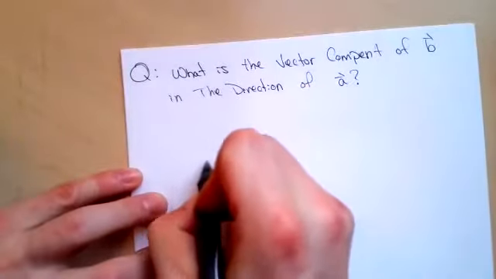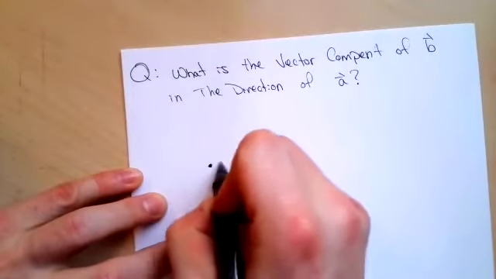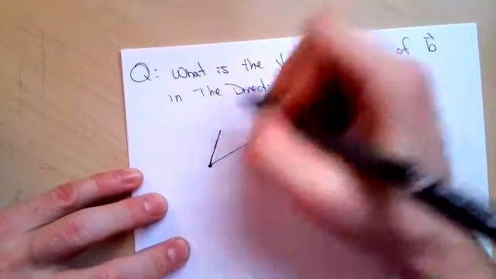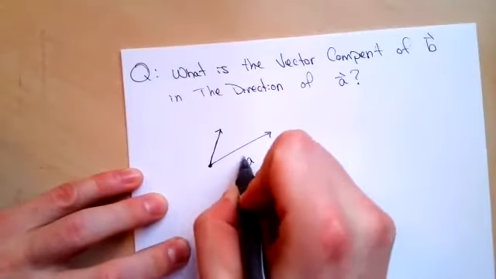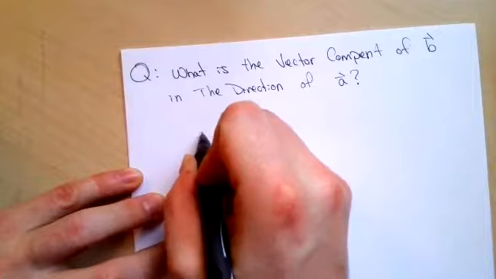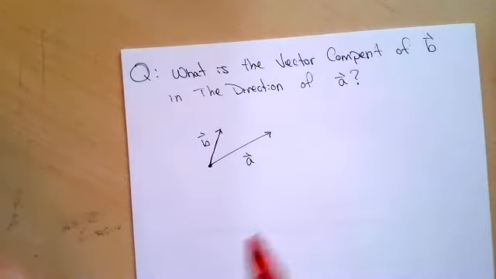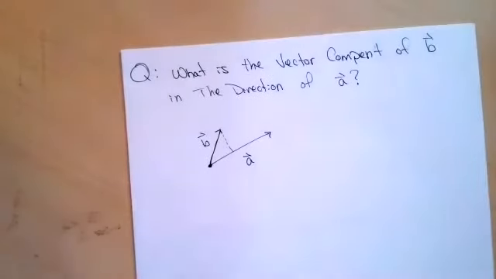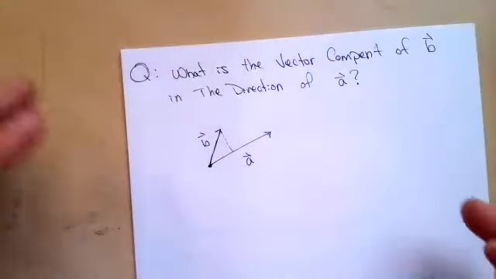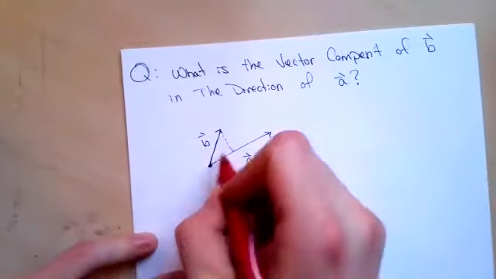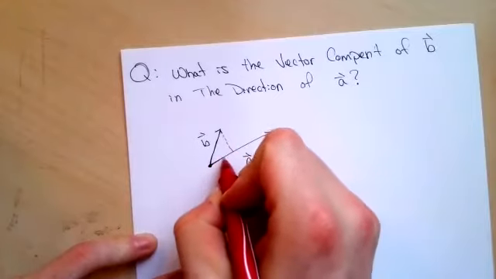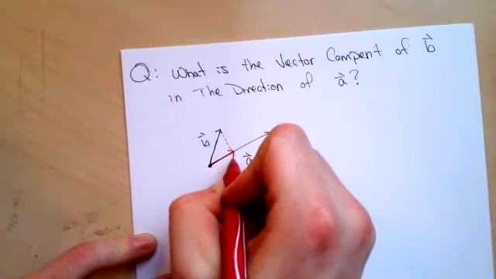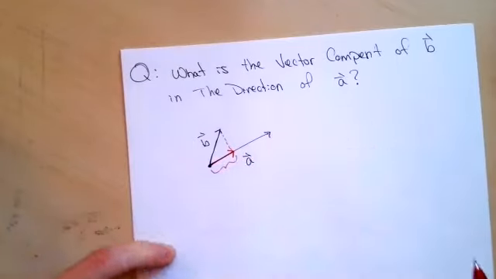So let's redraw the picture on this page. We have our vector A, our vector B. And what we're looking for, again, if we don't have a reference frame, or maybe a reference frame is given that may not be the best, is to break down vector B and know this piece here.